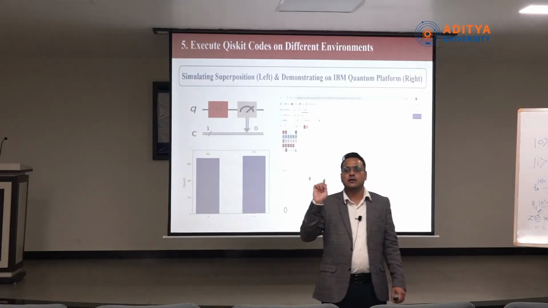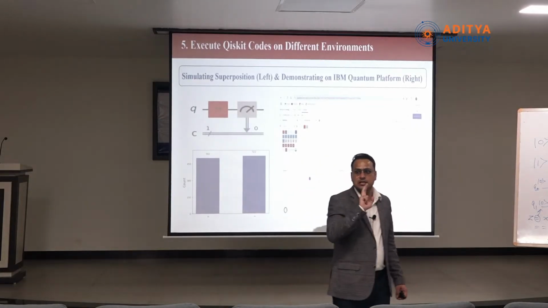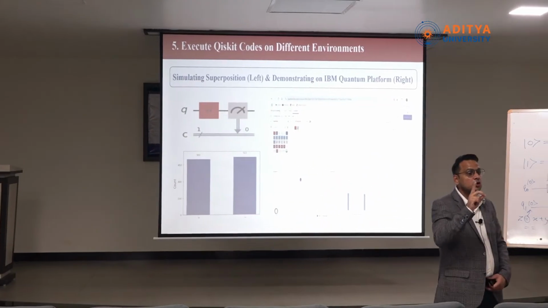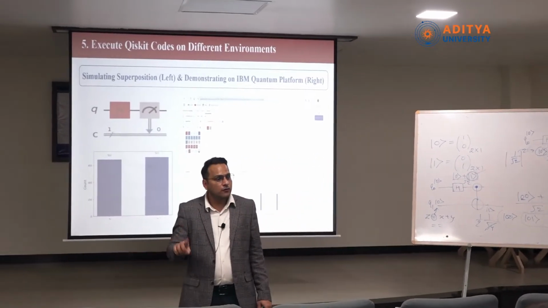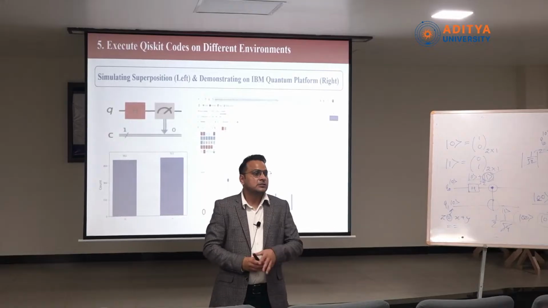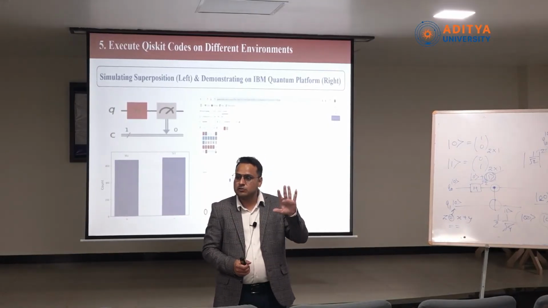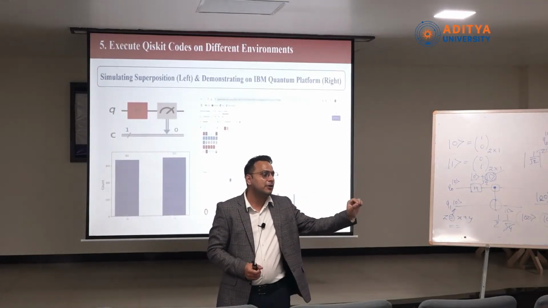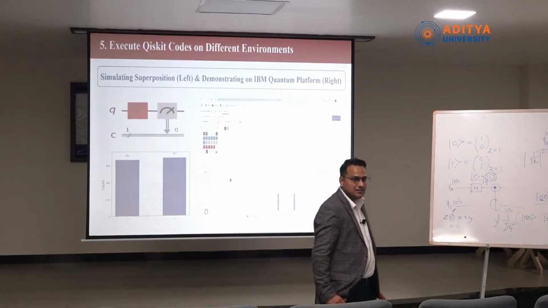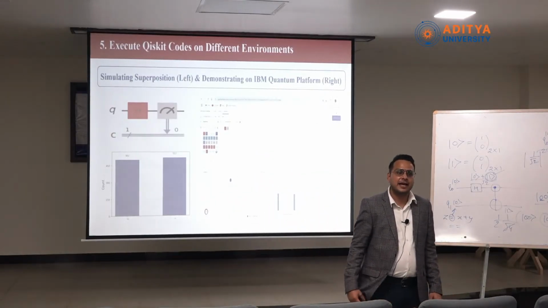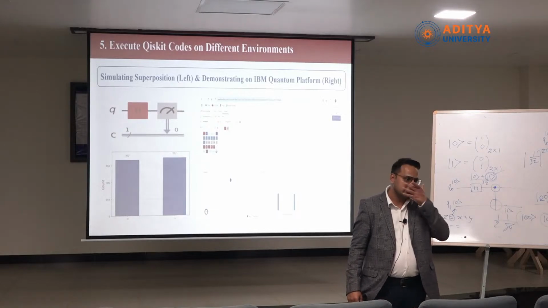Now which superposition? This is important. I told you two types of superposition can be created. One is uniform, the second is non-uniform. Uniform means the quantum states are associated with the same probability amplitude, like an equal probability distribution. Yes or no? Otherwise, your quantum states will have different probability distributions.